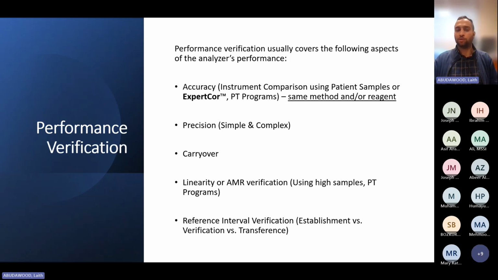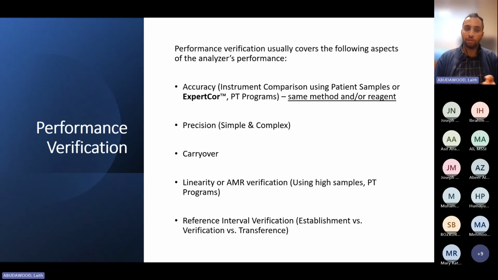Again, a lot of times they are used interchangeably, but they are not exactly the same. There's a few differences, but for the sake of time, we will not go deeper into that. So again, linearity is simply me trying to verify that my system, my reagent, my analyzer is measuring over the whole range that Stago is claiming my system is measuring over. Okay, so if my very low results are reading all high, I will not be able to classify my patients properly.